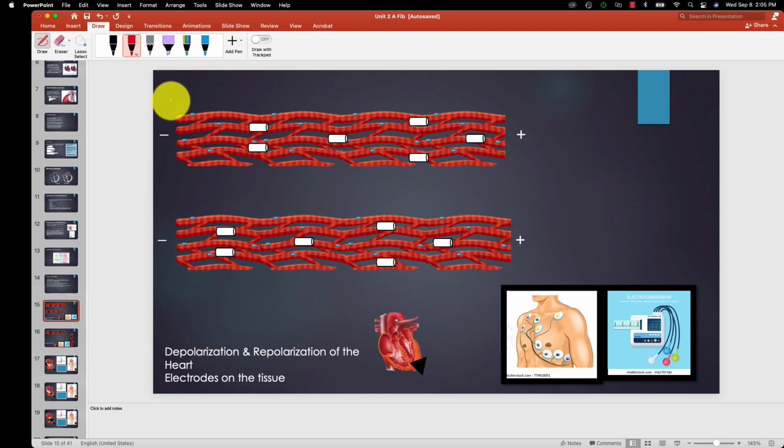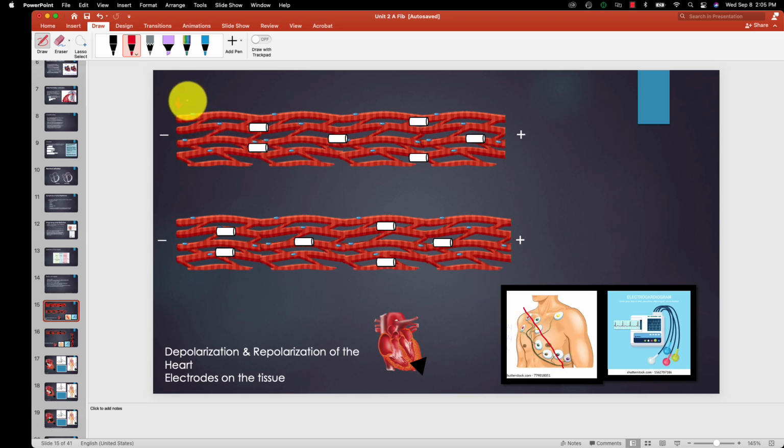I have the SA node fire. Okay. This is all negative right now. All right. I have an electrode here that's just like this. And I have an electrode here that's just like this, right? So I'm creating this axis between this one and this one, right?